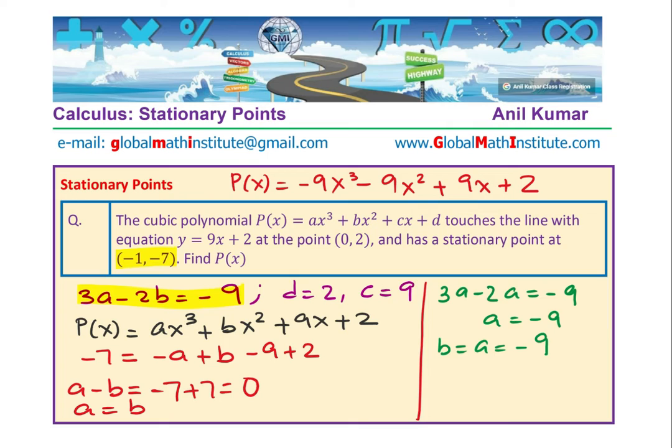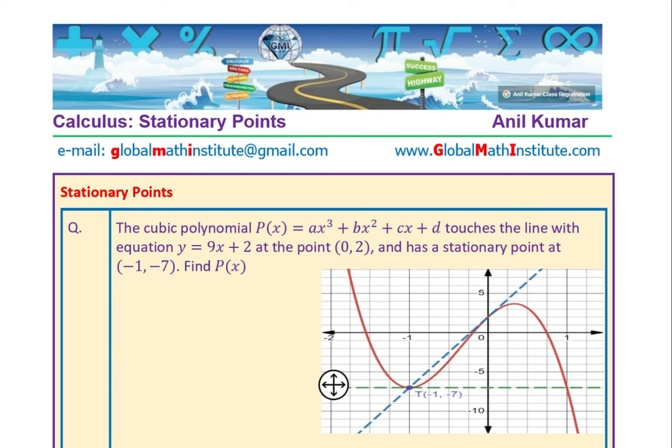So let's have a visual look at how it looks. Here is the graph of this particular polynomial, where we just got the values as minus 9 for a, minus 9 for b, plus 9 for c, and plus 2 for d. So that gives you the cubic equation.